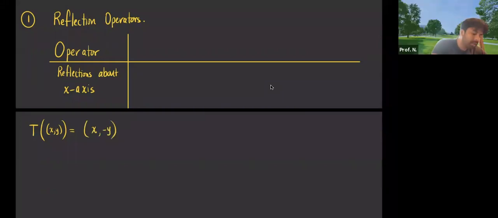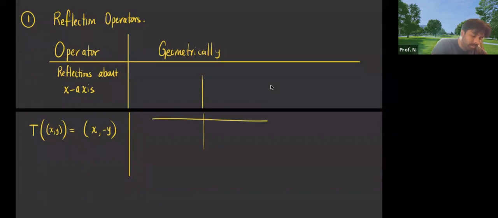And so geometrically speaking, what does that look like? This is y, this is x. If I have a vector somewhere, x comma y, and I reflect it across the x-axis, I get this.